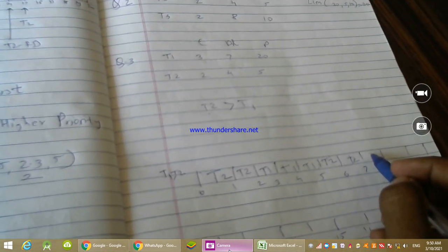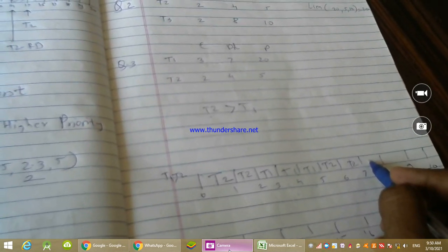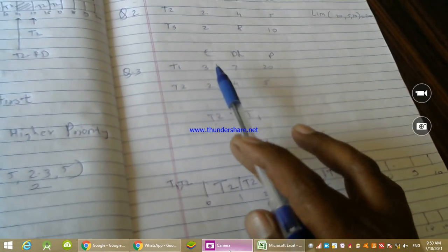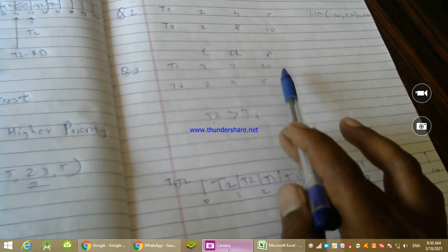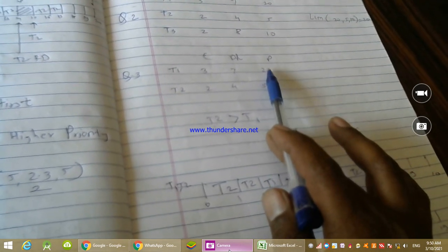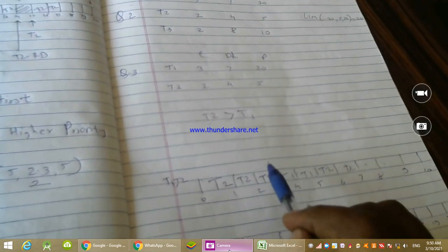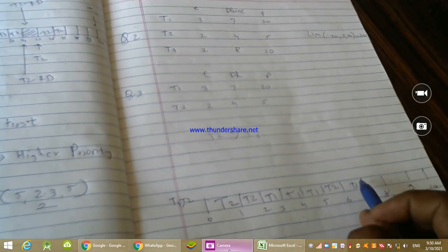Then can I write T1? No, because T1 has finished all its executions within the 20 units.